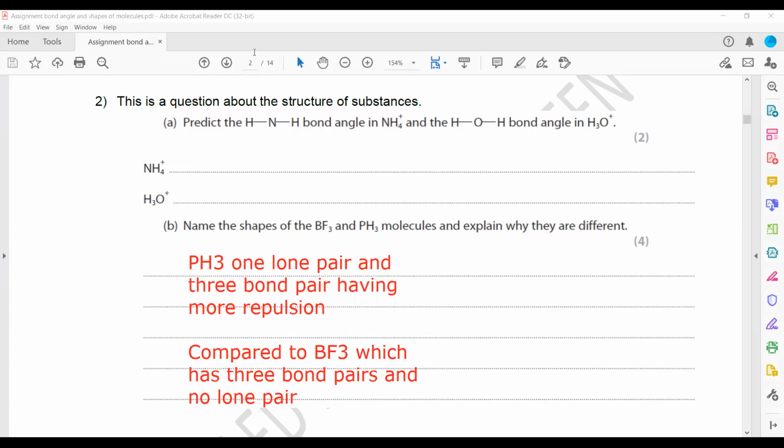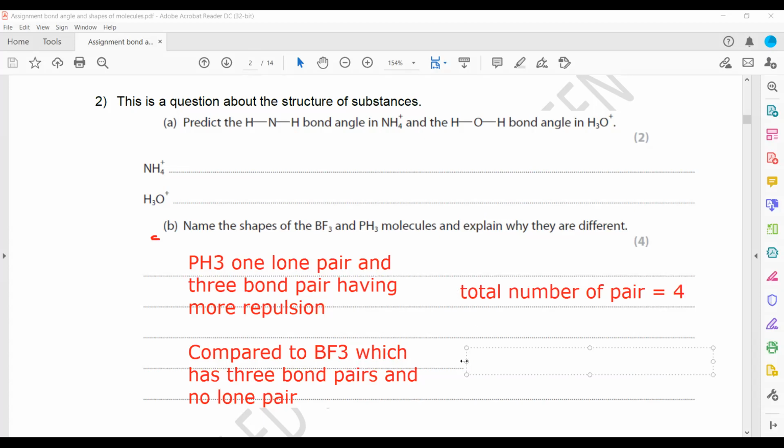Is it clear? So 1 mark is for mentioning the geometry, what we already did, and the second mark is for the comparison of the lone pairs. Even you can compare the total number of electron pairs. So the total number for PH3, including the lone and the bond pairs, is 4.